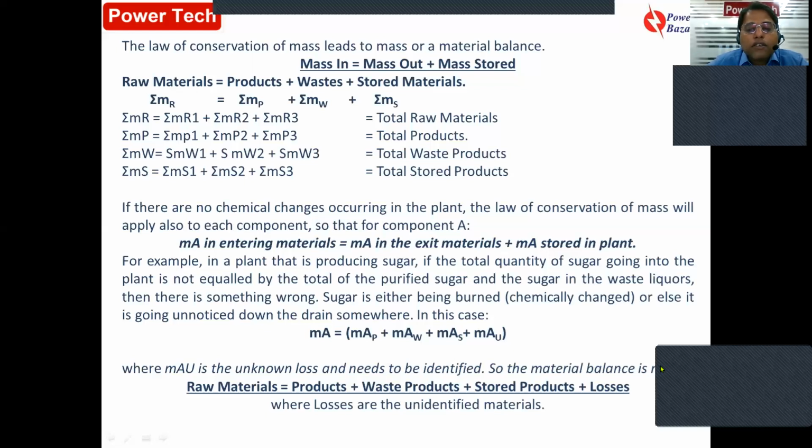So the material balance says: raw materials is equal to product plus waste product plus stored product plus losses, where losses are unidentified material. So this is the clear philosophy of material balance. Mass in is equal to mass out plus mass stored, and of course with some amount of unidentified material.